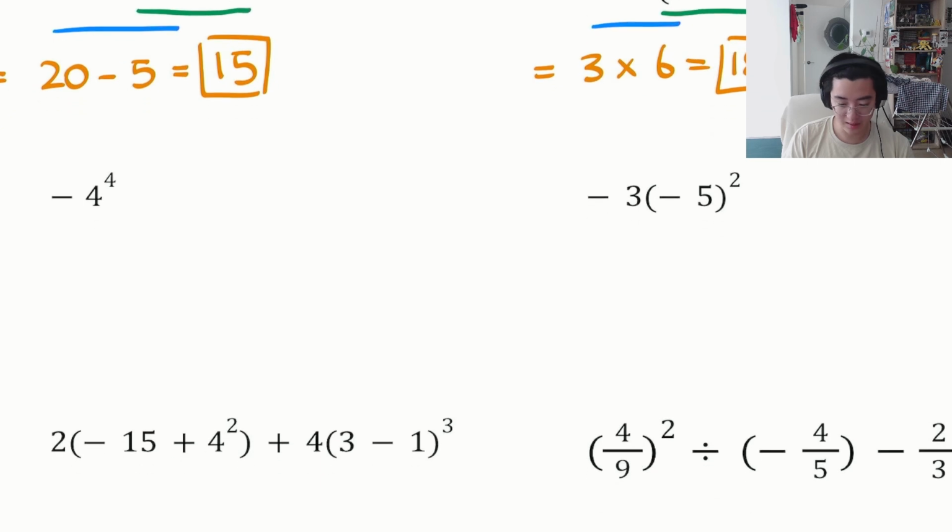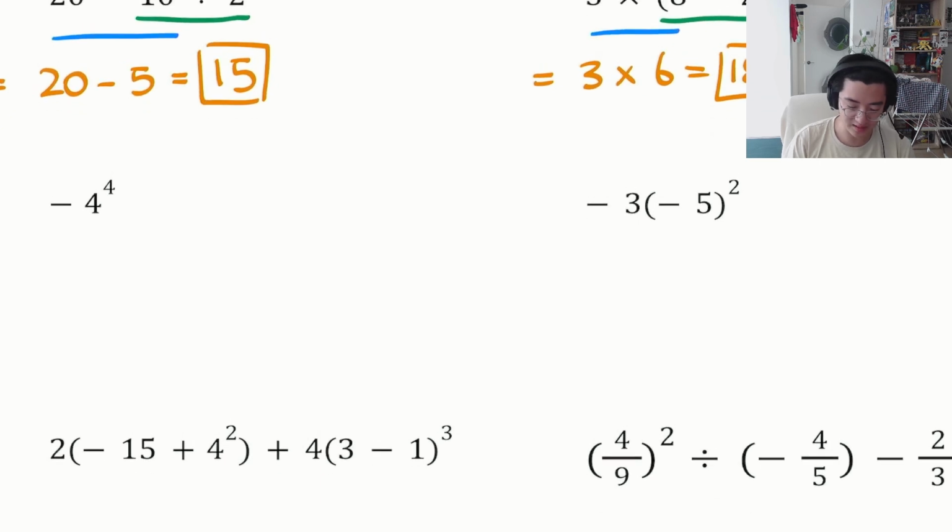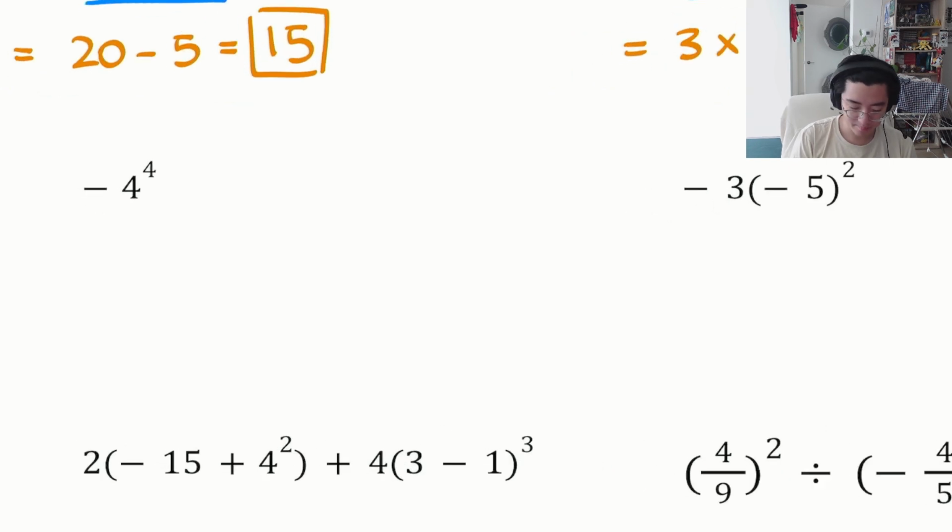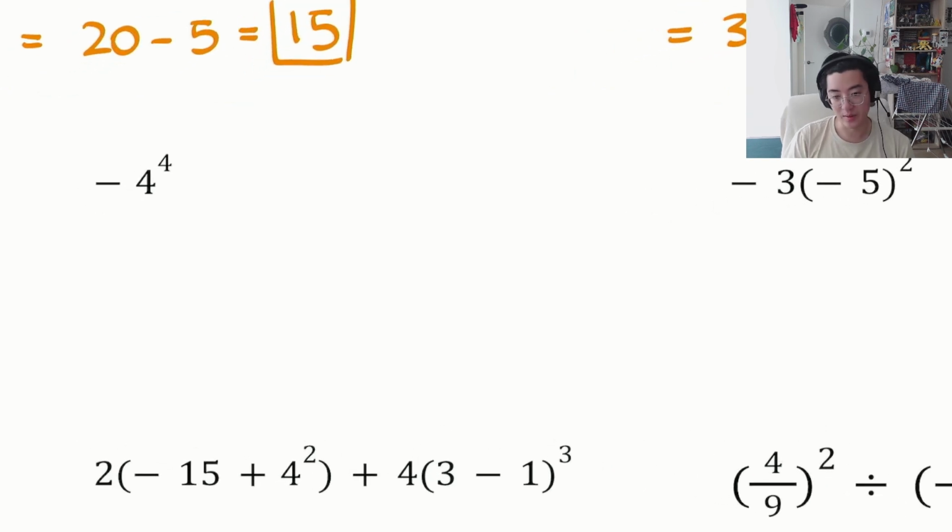Next, this one, we covered this in our lesson with exponents. The reason why, even though this is an even exponent, it's still going to be negative is because we can think of this as negative 1 times 4 to the power 4. The negative 1 is outside of the exponent.